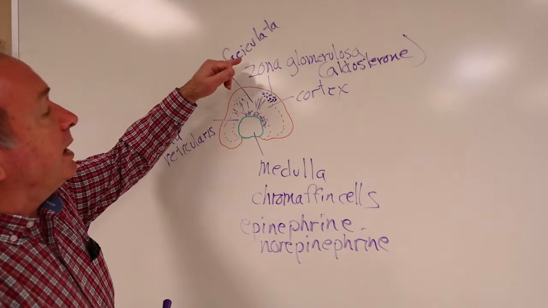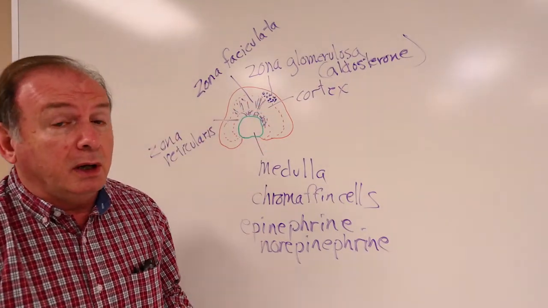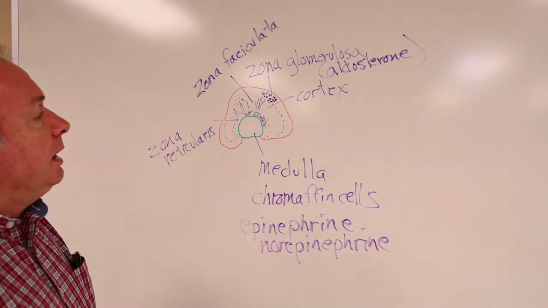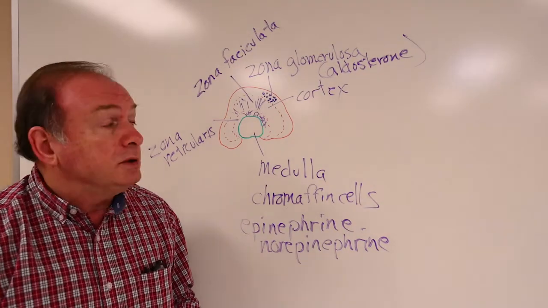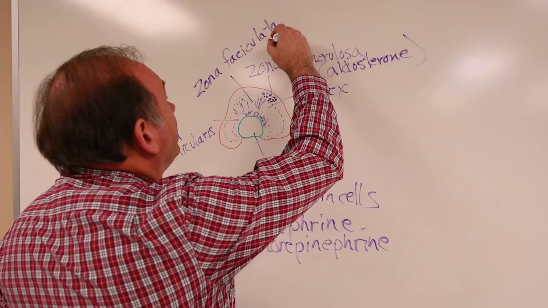The zona fasciculata produces what we often think of as adrenal cortical chemicals, cortisols, glucocorticoids. Glucocorticoids would be the right thing there. Let me write that up here.